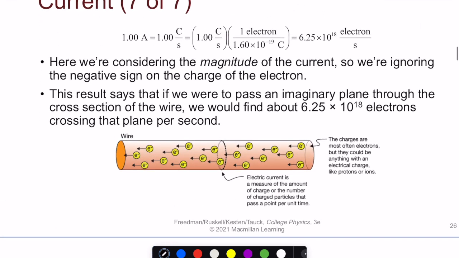So let's think about that value, how many electrons in 1 coulomb per second. Let's think about it physically, like what is going on.